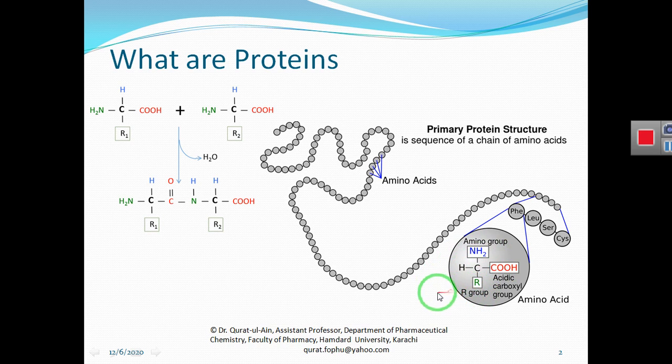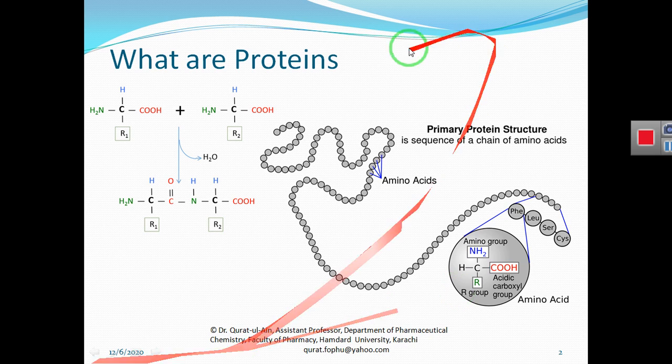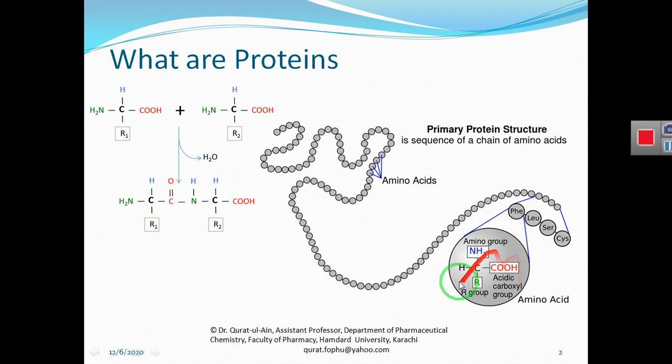In each amino acid, this R group changes. Each amino acid has a different R group, and because of the difference in this R group, we have different amino acids. Some are polar, some are non-polar, some are hydrophobic, some are hydrophilic. So this was all about the amino acid.